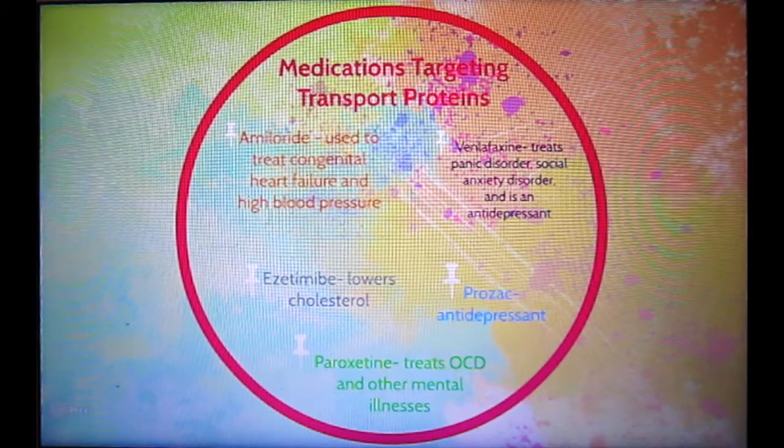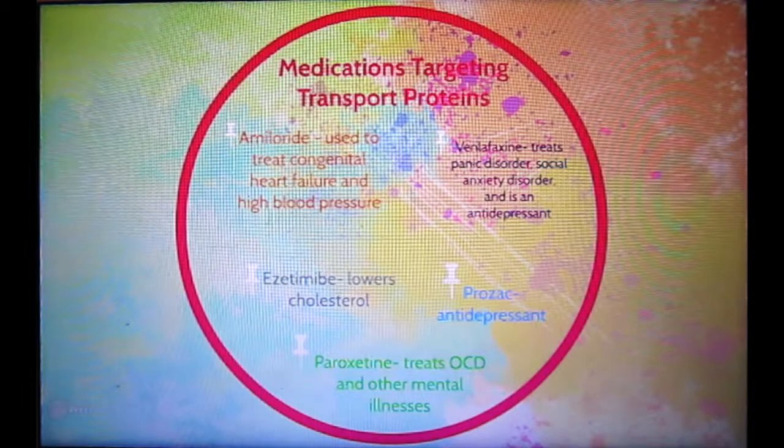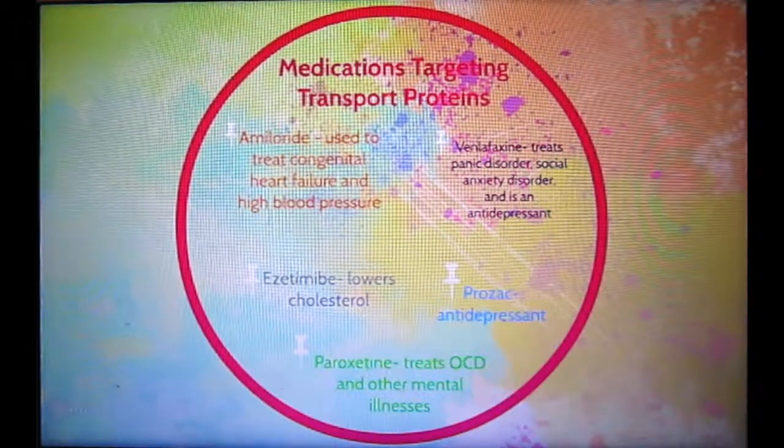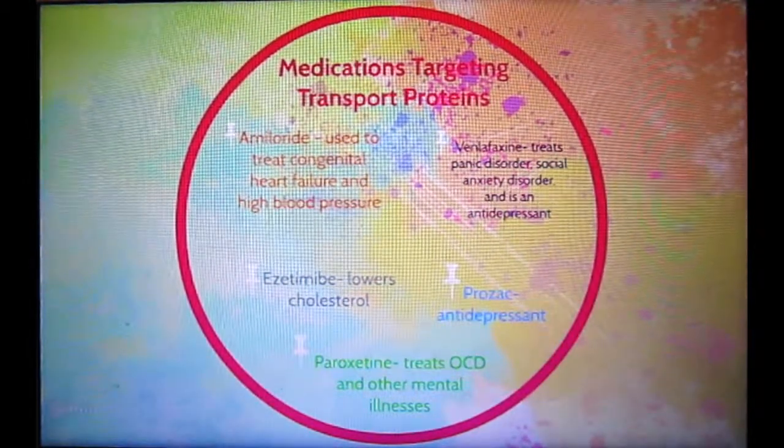And then you have other drugs that treat OCD, other mental illnesses, some that lower cholesterol, others that treat mental illnesses such as panic disorder, social anxiety disorder, and other antidepressants. So these are obviously very, very important drugs for many people who suffer from these diseases. So once again, knowing more about the transport proteins that the drugs target will lead to better creation of drugs and better prescription of drugs.